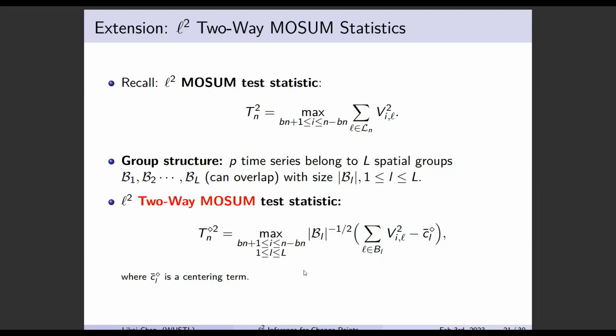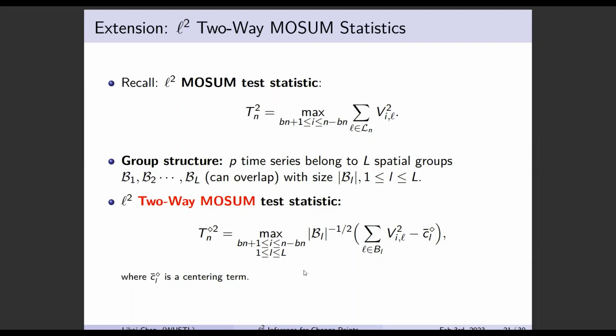So B_l corresponds to a subset, that is, we introduce some group structure. B_1 to B_L correspond to the subsets that we are interested in, and they can potentially overlap with each other. They do not need to be non-overlapping groups. It's okay even if B_1 includes B_2.